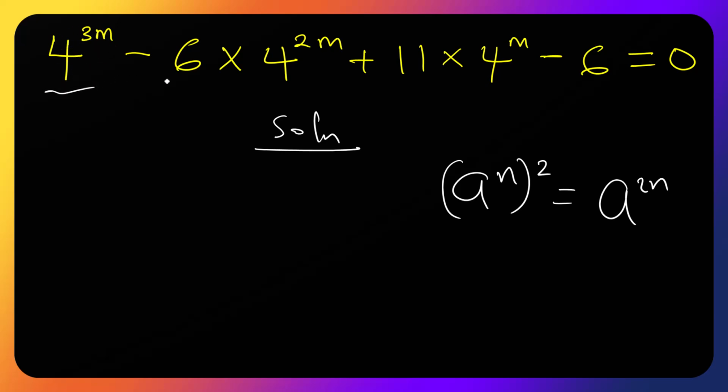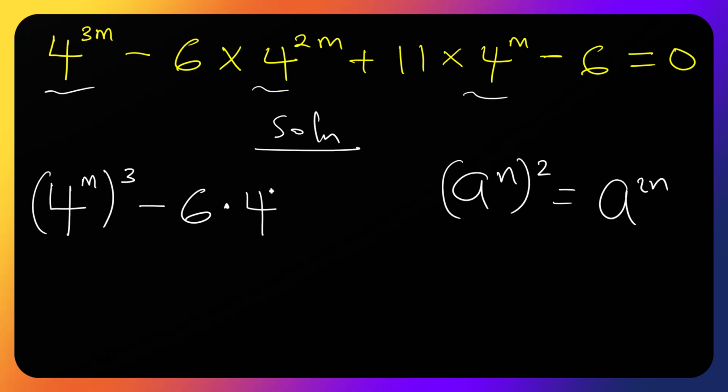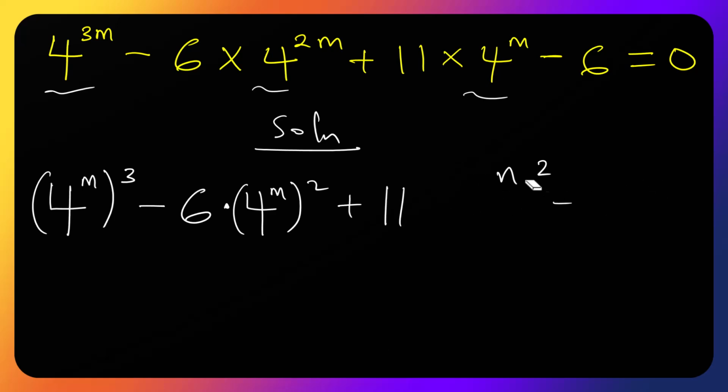Since we see 4 here, 4 there, 4 there, m here, m here, m there, we can say 4 exponent m all raised to 3 minus 6 times 4 raised to m, all squared, plus 11 times 4 to the power of m minus 6 equals 0.